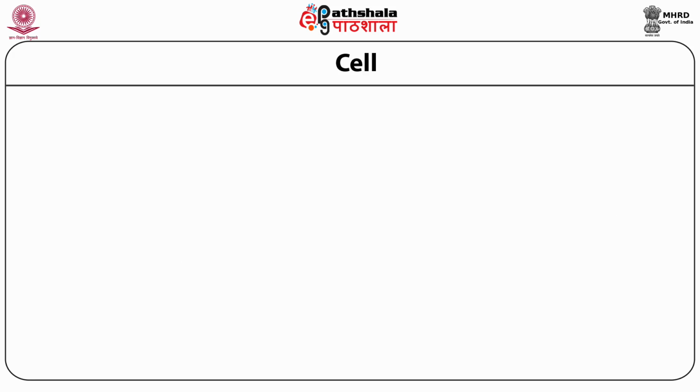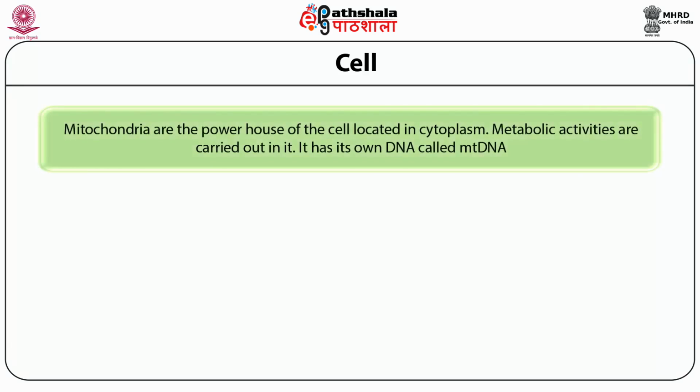Another important organelle found in the cytoplasm is the mitochondria. The main function of the mitochondria is energy production, and hence it is known as the powerhouse of the cell. It is a capsule-shaped structure and carries its own genetic material called mitochondrial DNA or mtDNA. Structurally and functionally, mitochondrial DNA is similar to the nuclear DNA, but differs in the pattern of organization.